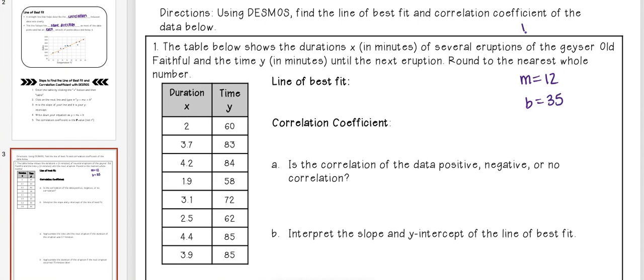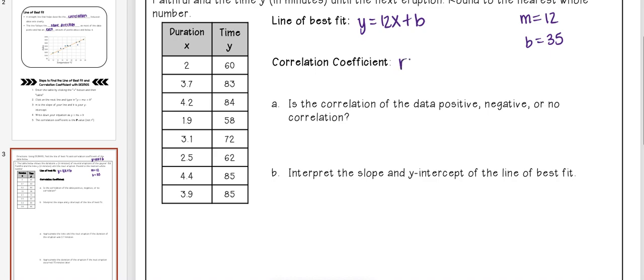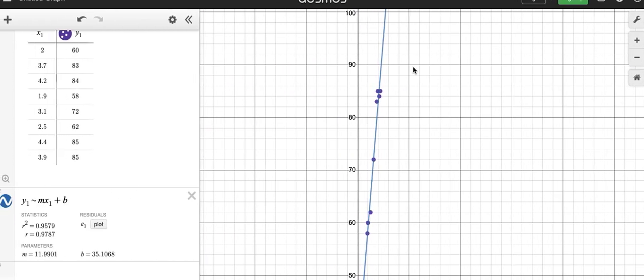So if I recall, slope-intercept form is y equals mx plus b, so that means that my line of best fit here is y equals 12x plus 35. And then my correlation coefficient, remember, is the r, not r squared, and so that is going to be 0.979, which I'm going to round to 0.979.